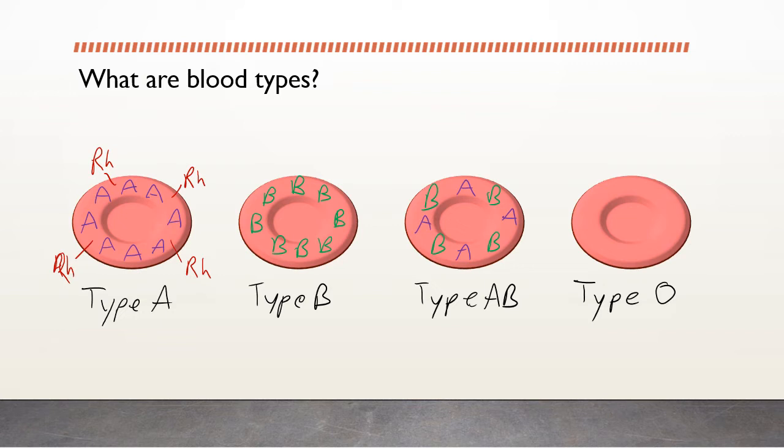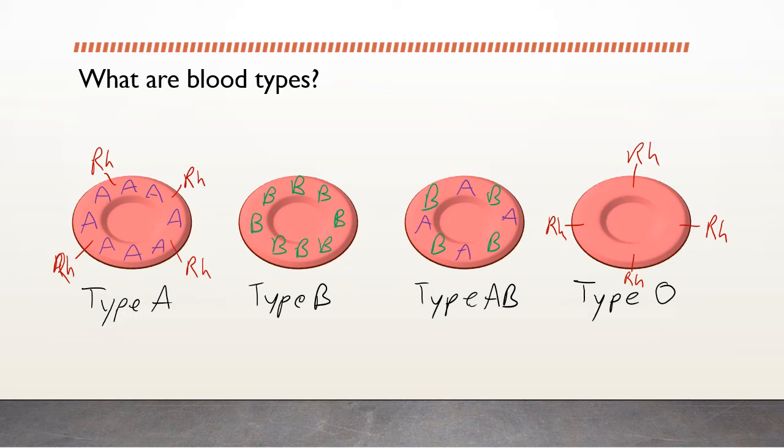Some blood cells have RH on them. Other red blood cells, as you notice here, do not have RH.